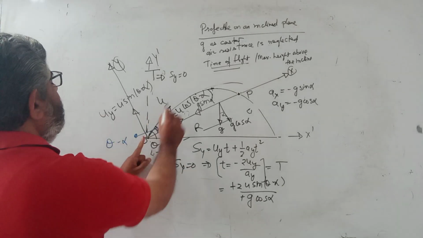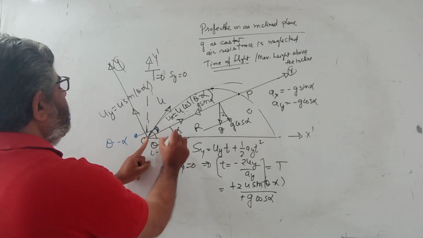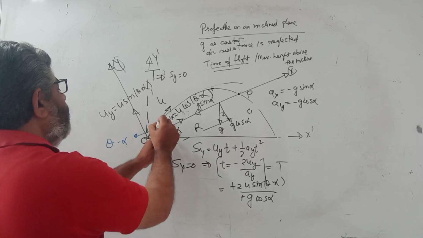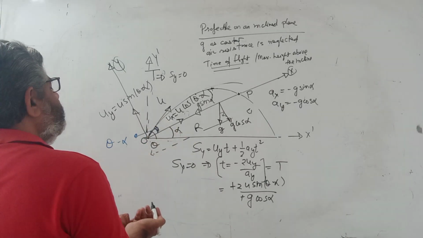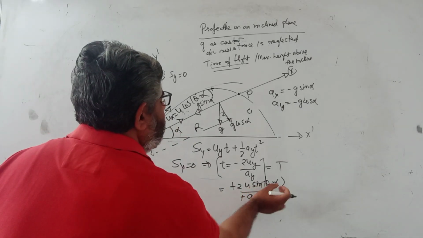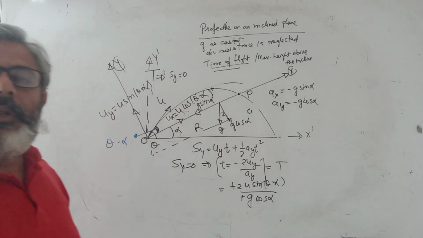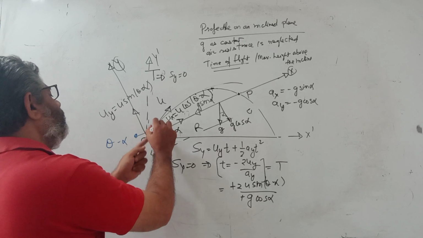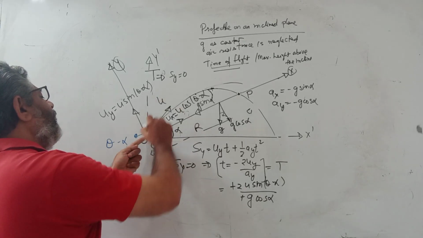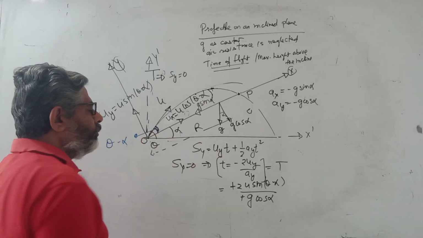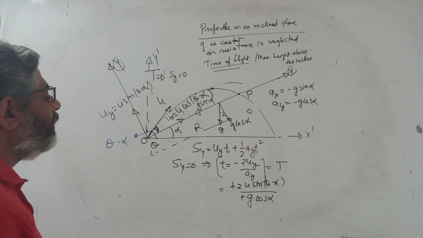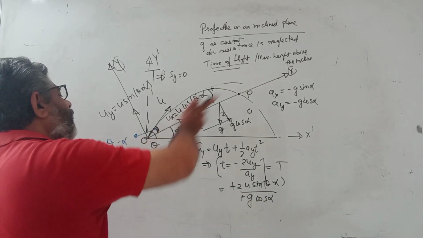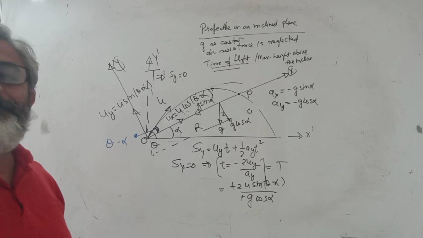Now I am giving you this angle as theta, this is alpha, so this is theta minus alpha. But suppose I give you this angle as alpha or beta, then here it will appear as sine beta only. So the important thing is it is the sine of the angle which this projectile makes with the inclined plane. So 2u sin(theta minus alpha) upon g cos alpha. Alpha is the angle of the inclined plane.